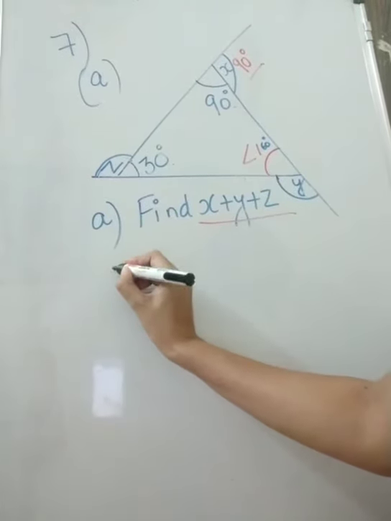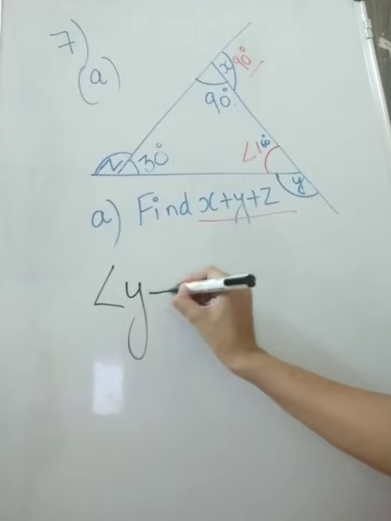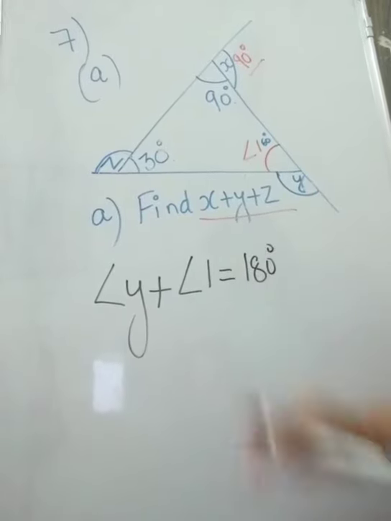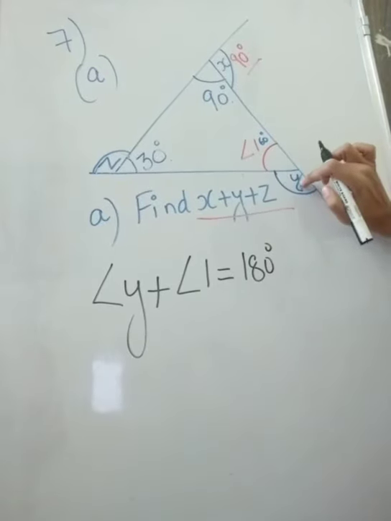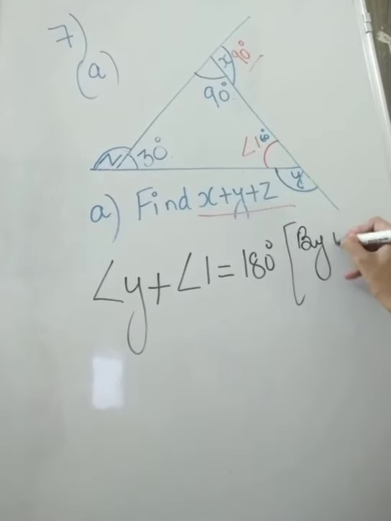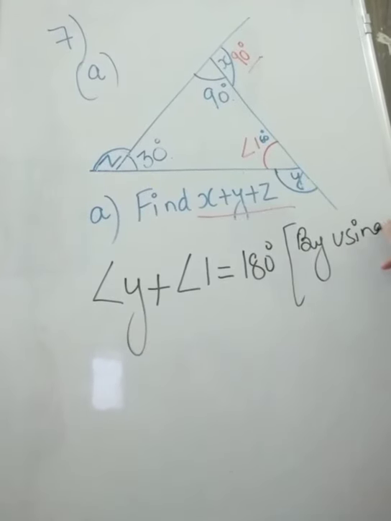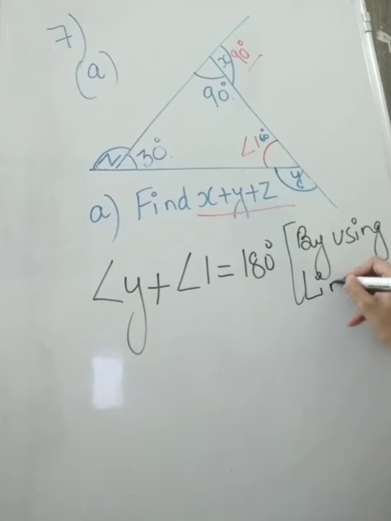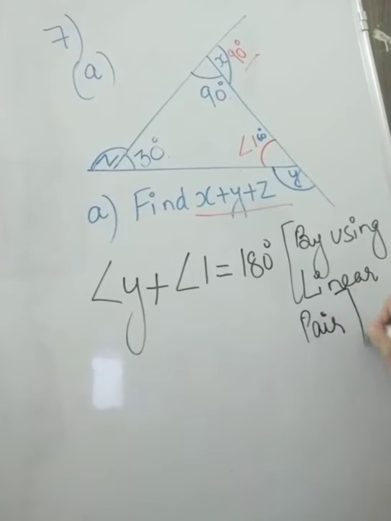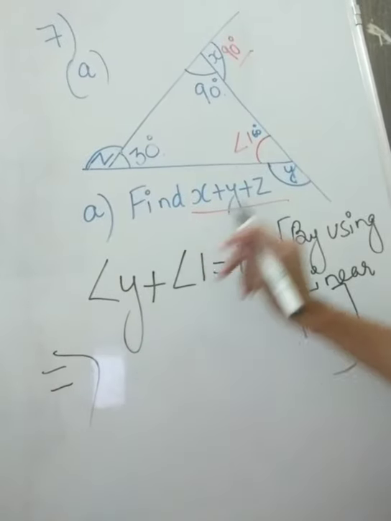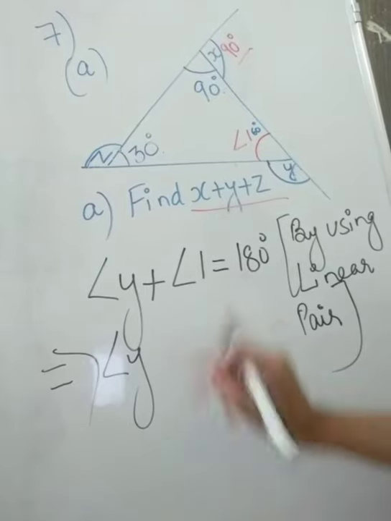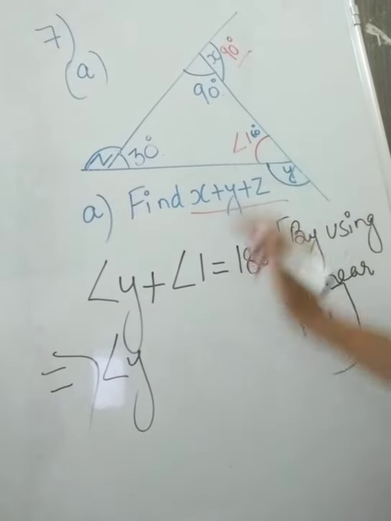Now angle y plus angle 1 is equal to 180 degree. I am writing angle y plus angle 1 equals 180 degree by using linear pair. We don't know angle y, so I will write angle y. Now angle 1 is what, student? We got 60 degree.